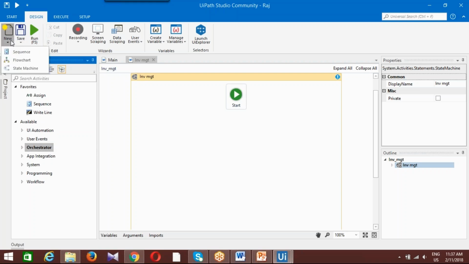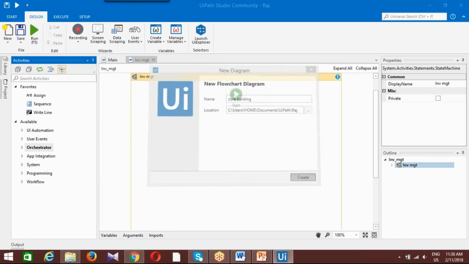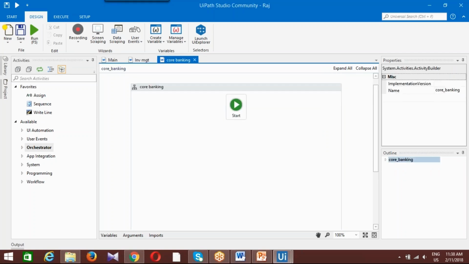Or else, if I want to prepare a flowchart diagram or a sequence diagram, let us assume a flowchart for a core banking application I want to develop, that template can also be created here itself, wherein I can create my own diagrams.